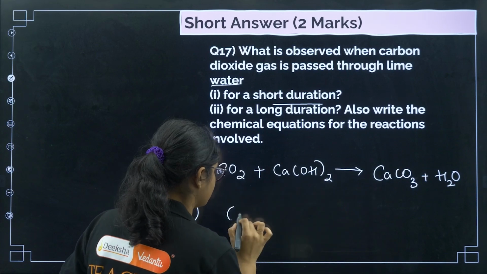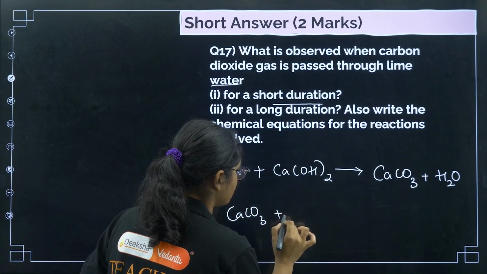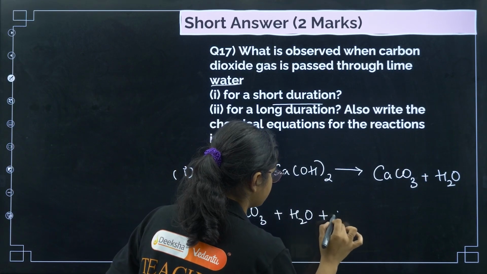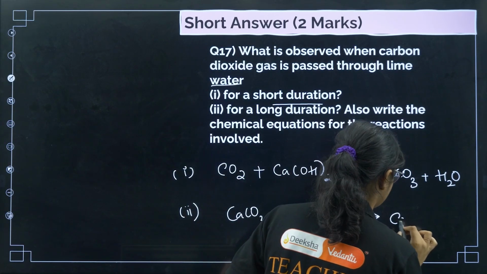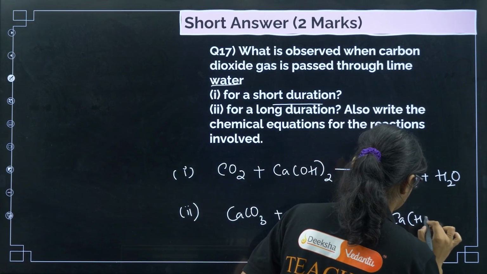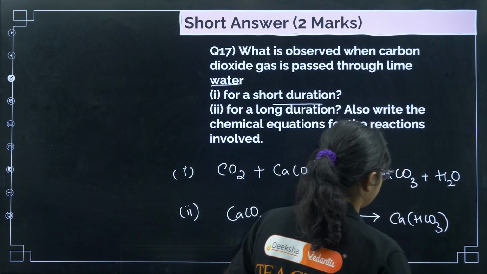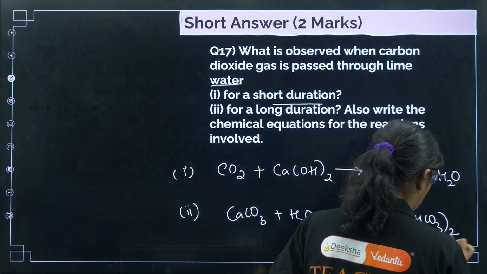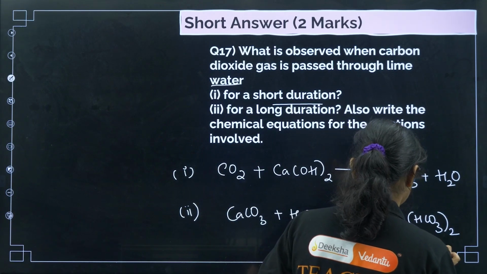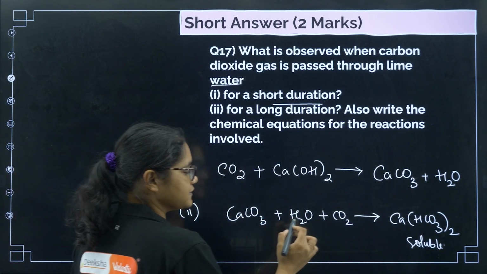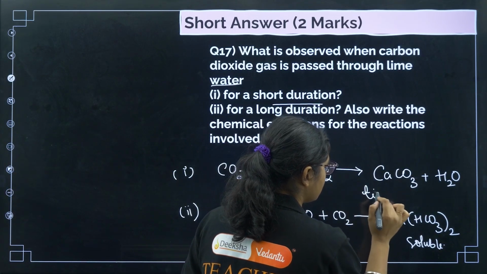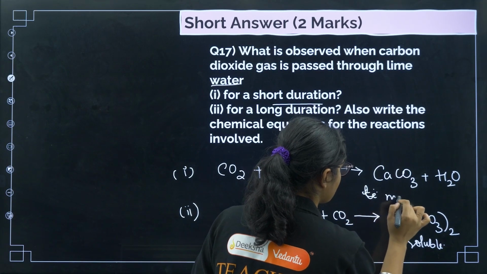So calcium carbonate is there, water is there, and you are still passing carbon dioxide for a longer duration. This calcium carbonate gets converted to calcium bicarbonate, which is soluble in water. Okay, and that is why lime water turns milky.